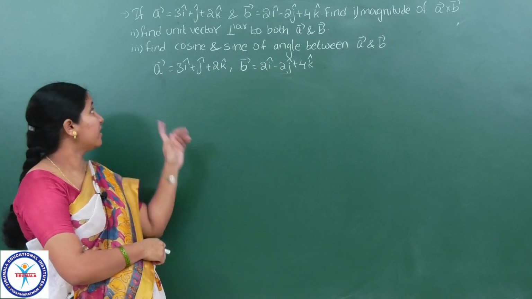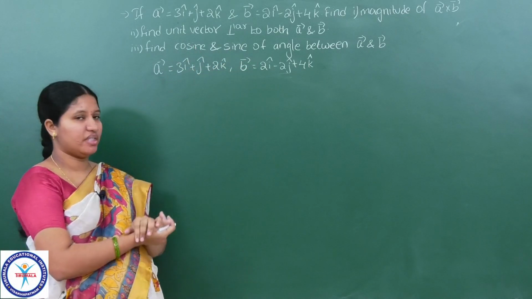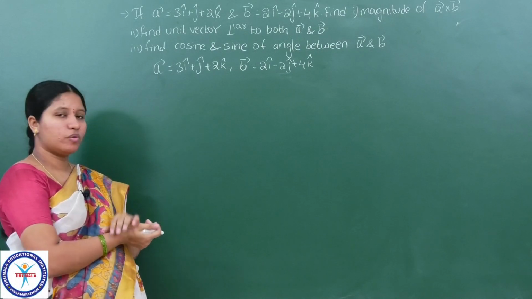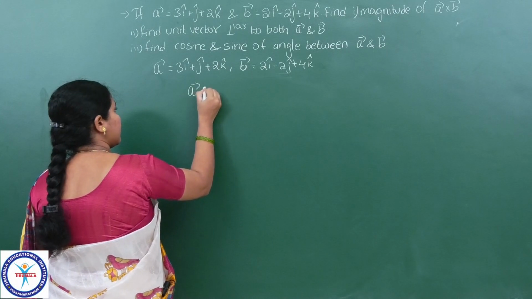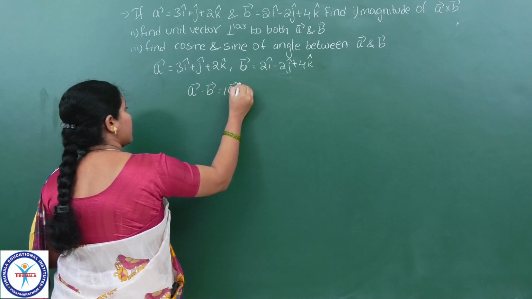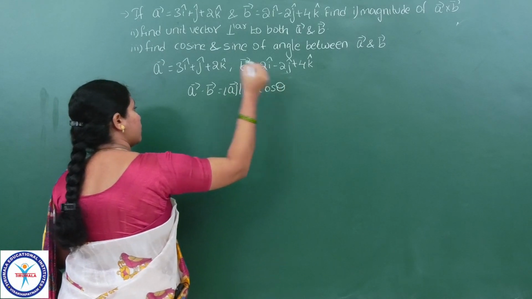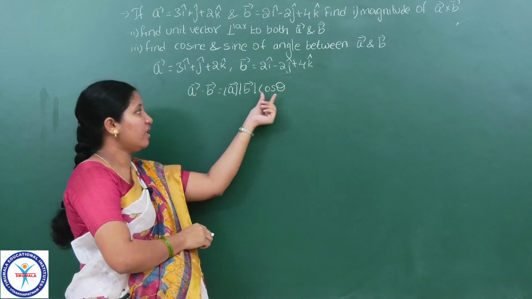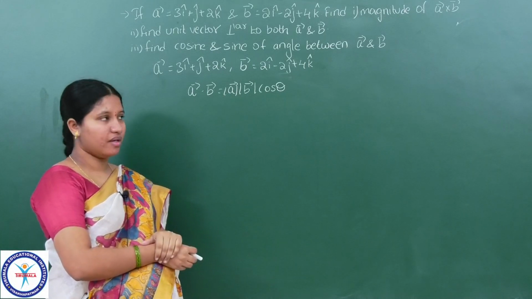The third bit given is we need to find cosine and sine of the angle between A bar and B bar vectors. So to find cosine we have to consider the dot product formula, that is A bar dot B bar is equal to modulus of A bar into modulus of B bar into cos theta. So by using this formula we can find out cosine of the angle between two vectors A bar and B bar.